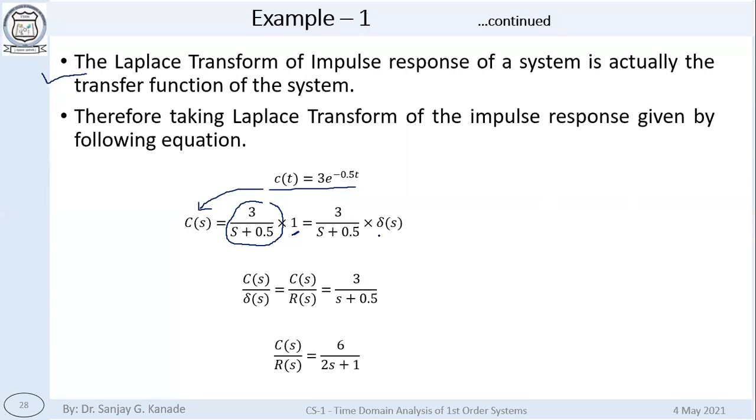This one stands for delta s, because that was the input. Delta s is the Laplace transform of the impulse input. Okay. So C(s) by delta s, which is nothing but C(s) by R(s), is equal to 3 upon s plus 0.5.